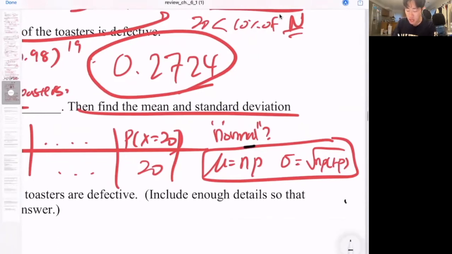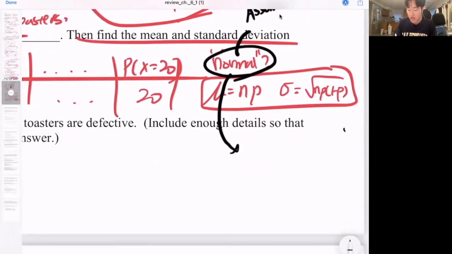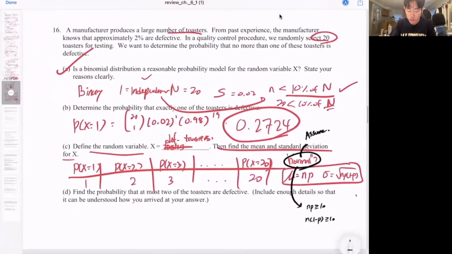But the problem is, how can I assume normality here? Well, there is another rule that I taught you which states that as long as np is greater than or equal to 10 and n times 1 minus p is greater than or equal to 10, you can assume normality. So we have 20 toasters with 2% defectiveness.